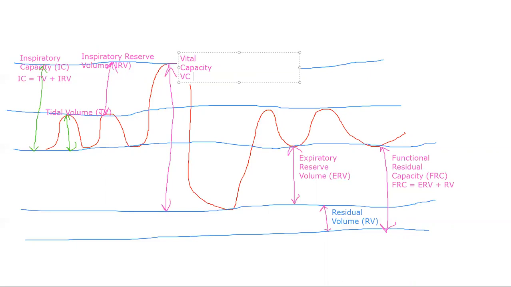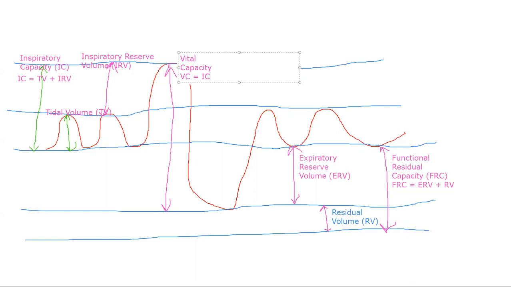Vital capacity equals, what would it be? IRV plus TV plus ERV. That would work, but can we simplify that a little bit? IC plus. Yes, because the inspiratory capacity is the inspiratory reserve plus the tidal volume.